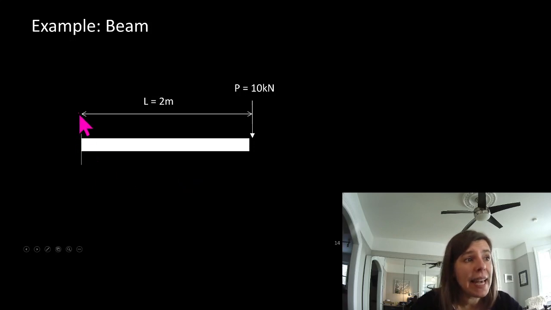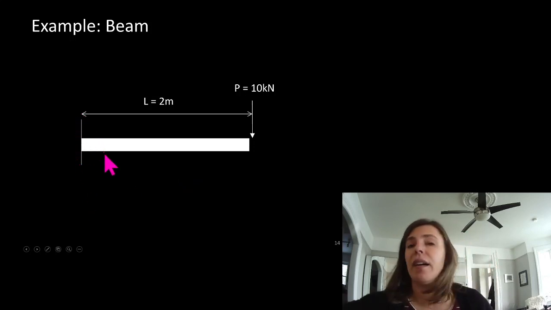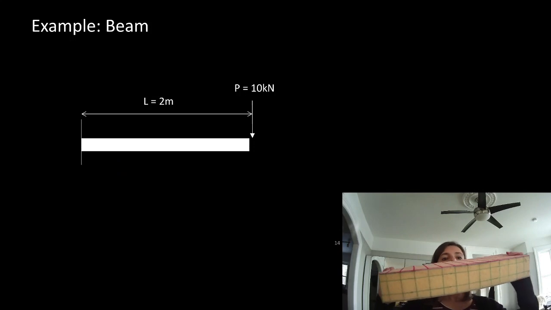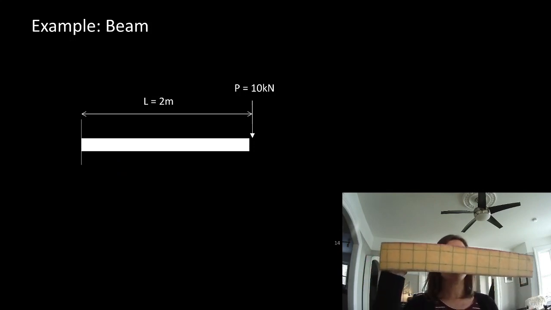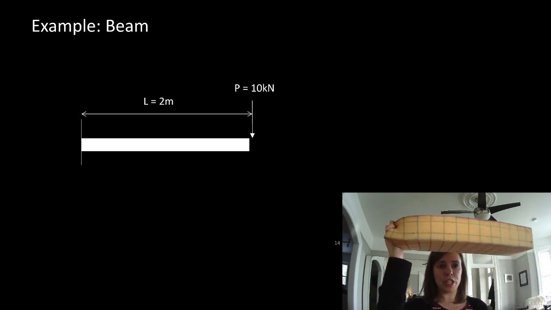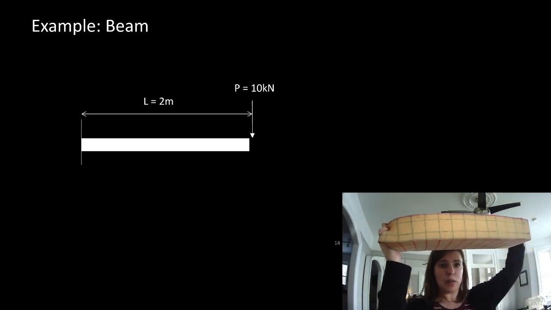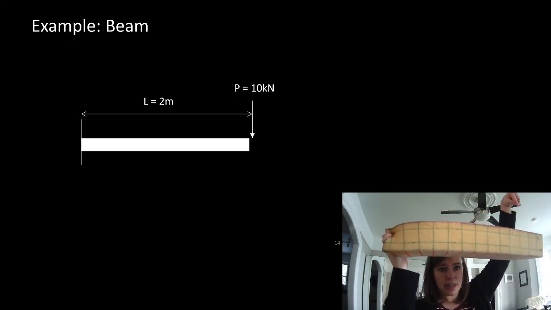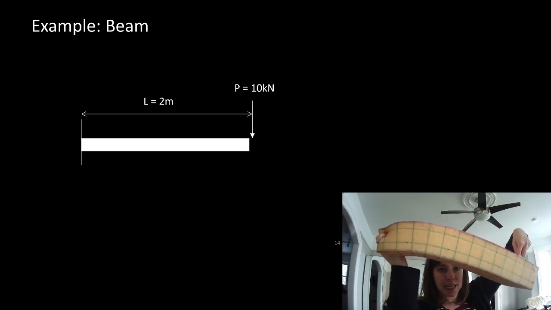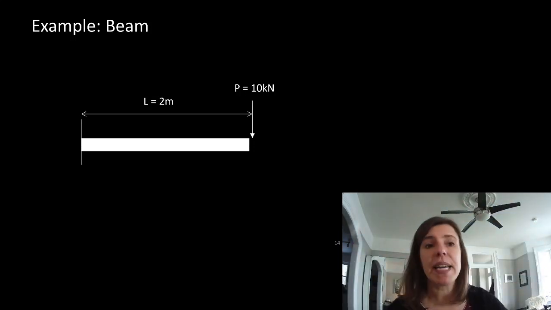So, if we had this cantilever that was fixed right here, held rigid right here, and we applied a force on the end, and let's say this was 2 meters long, and I'm applying a 10 kilonewton force right here.